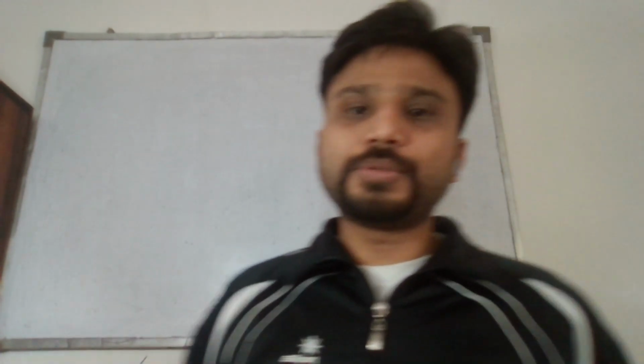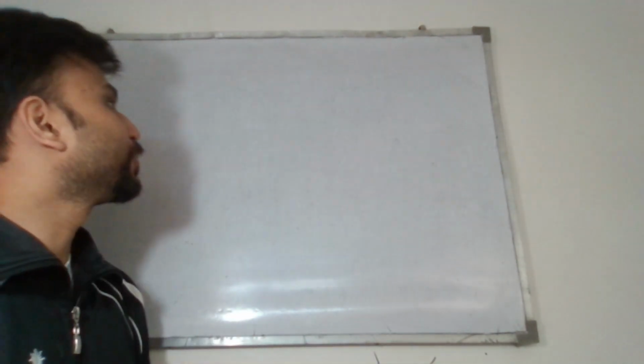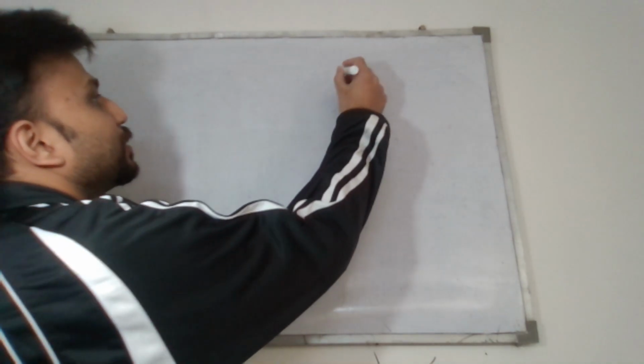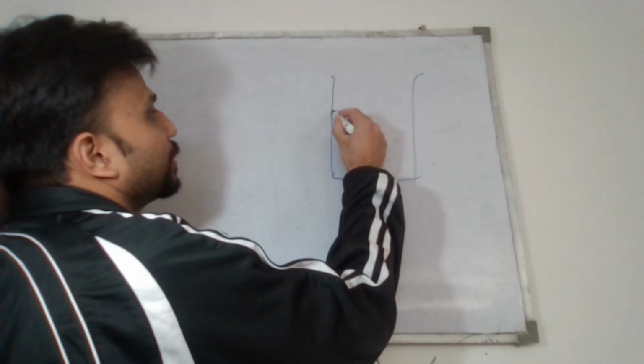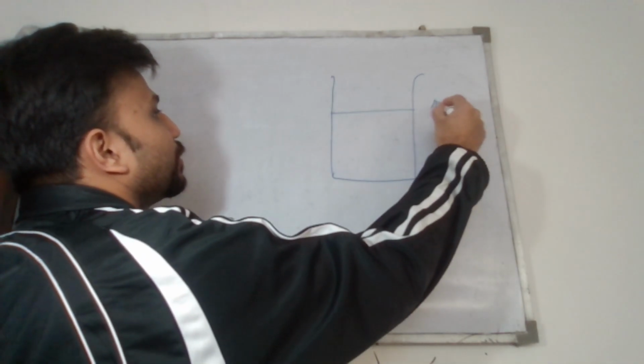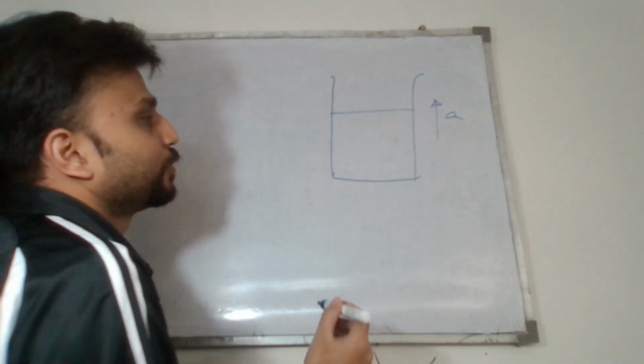Now we are going to study what is the pressure difference in a fluid accelerated vertically, in a fluid accelerated horizontally, and a fluid rotated about its axis. So let's do all the three cases. We already studied the case when a container is placed like this and we are accelerating the fluid in upward direction.